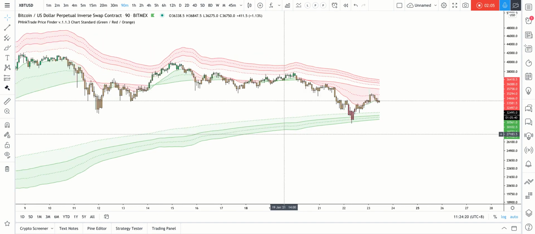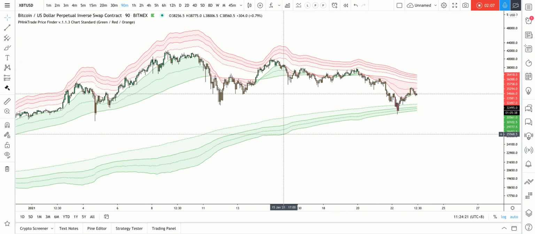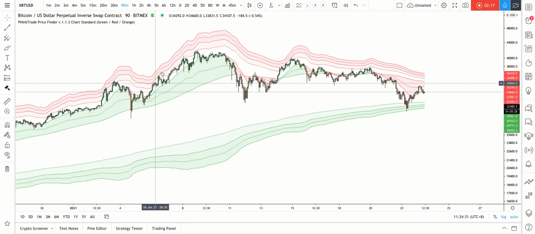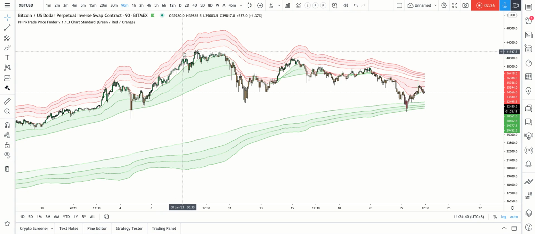Of course, when price is really trending up, the uptrend is really going to be strong, and the upper limits are not really going to be able to hold price. So you will see the upper limits sort of moving and rising with price.